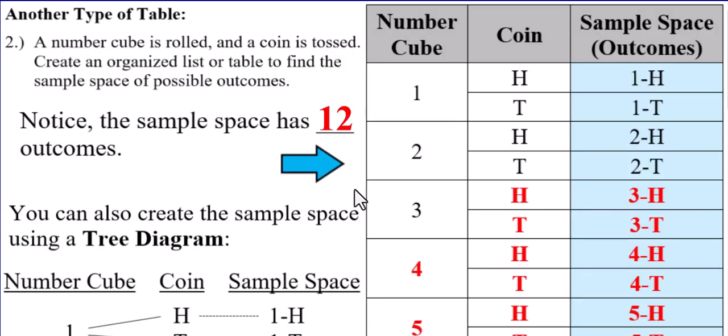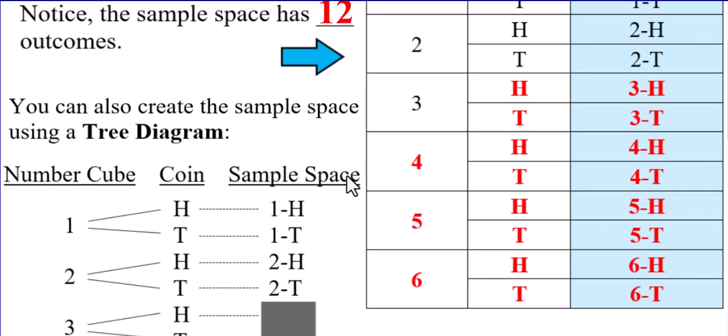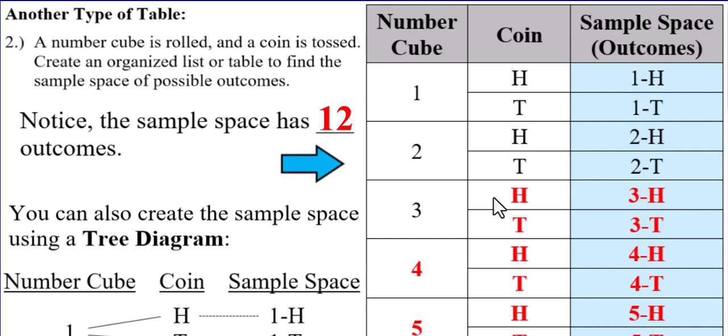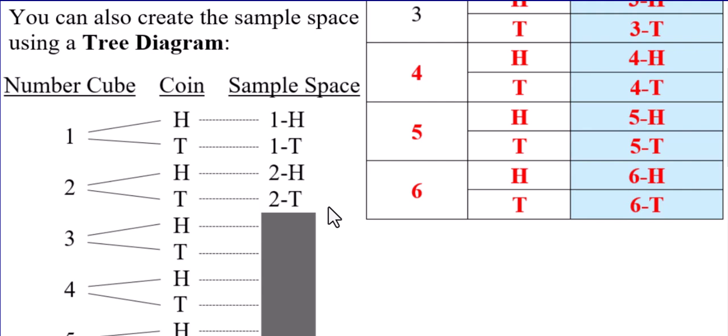But anyway, before we do, let me quickly show you the other way that you can do an organized method to get the outcomes in the sample space. It's what we call a tree diagram. It would be a lot quicker to do than this very complex table. If you had to create this table on your own with a pencil and ruler, my goodness, that would take so much time.